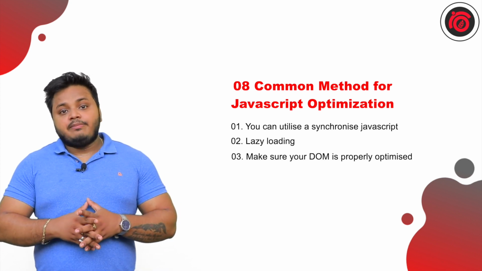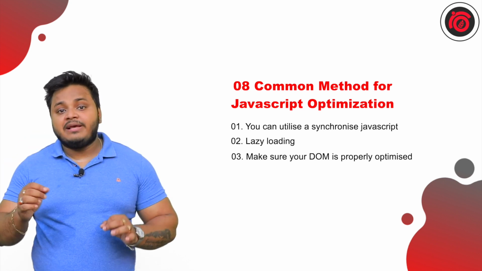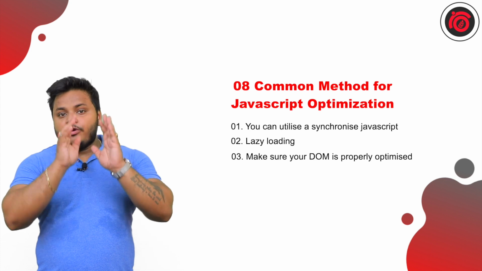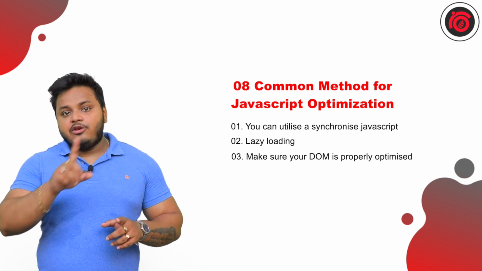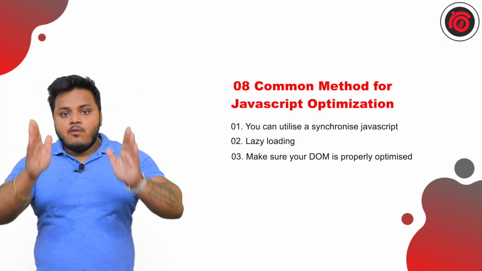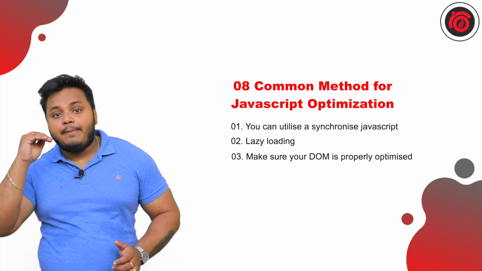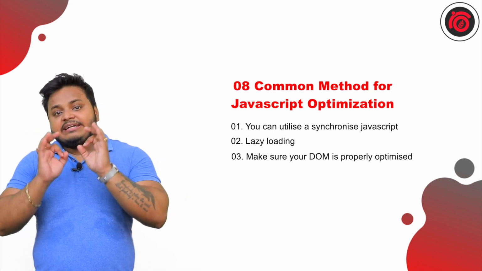Point number 3 is to make sure that your document object model, or DOM, is properly optimized. In short guys, you can open GTmetrix and scan your campaign. You can go into the waterfall tab and check how many bytes every landing page is consuming, or the highest time to scan.